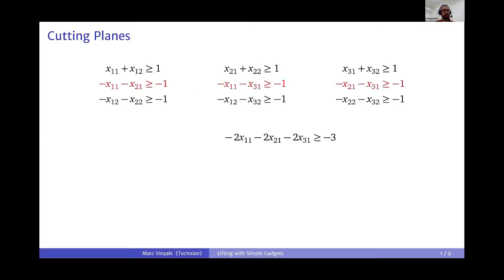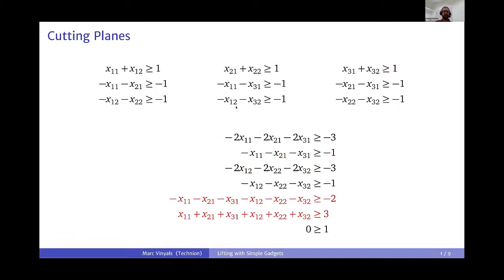So for instance, we can add some inequalities together, we can divide them, and we can keep doing so. And if at some point we reach a contradiction of the form 0 greater or equal than 1, that means that the polytope was empty, so the original CNF didn't have any solutions. All right, so this is a cutting planes certificate.